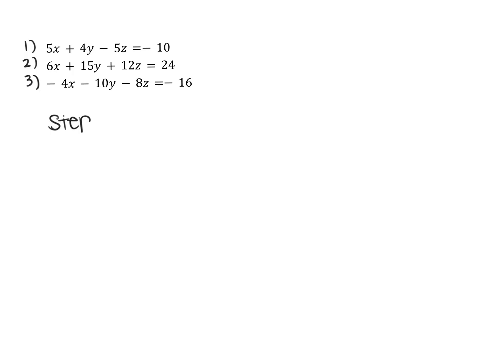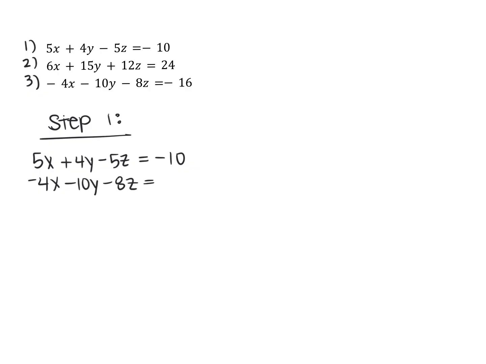So when it comes to the first set of equations I'm going to do equations 1 and 3. So 5x plus 4y minus 5z equals negative 10, and negative 4x minus 10y minus 8z equals negative 16. So the reason I chose 1 and 3 is that the x's already had opposite signs. And the smallest number that 4 and 5 both go into is 20.